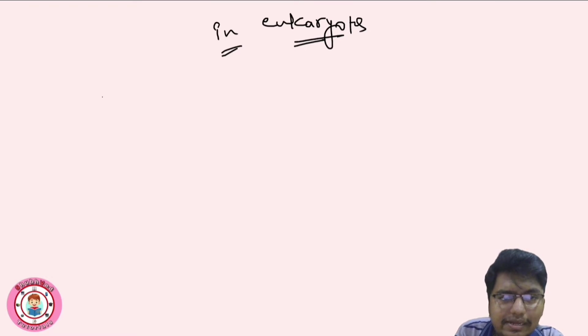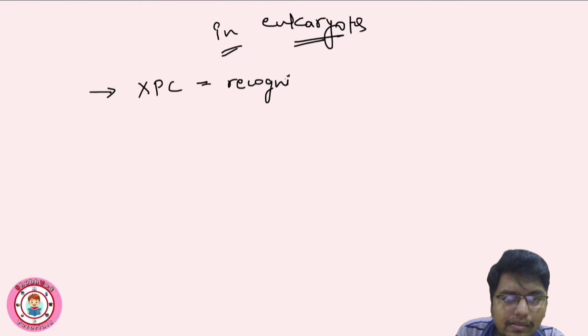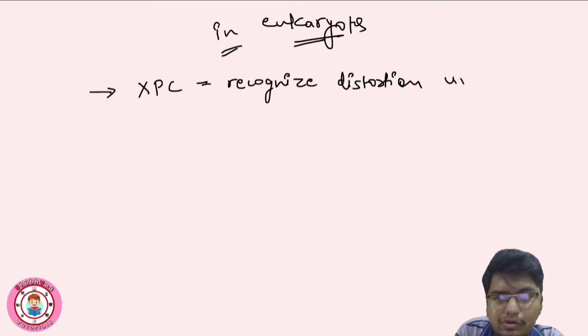Now let's see the process in eukaryotes. It is the same process, nothing different. Here the first protein that comes is XPC, which recognizes the distortion, similar to UVRA.